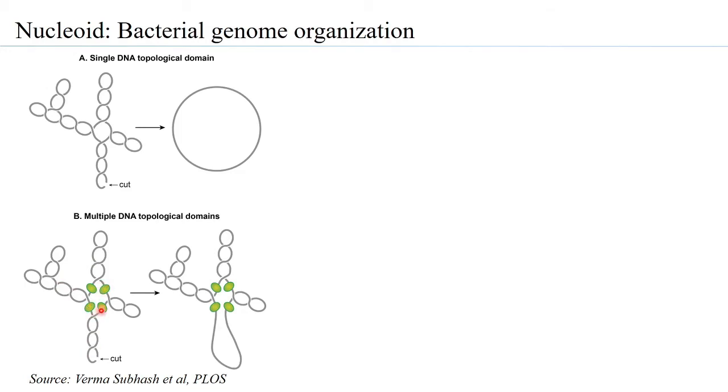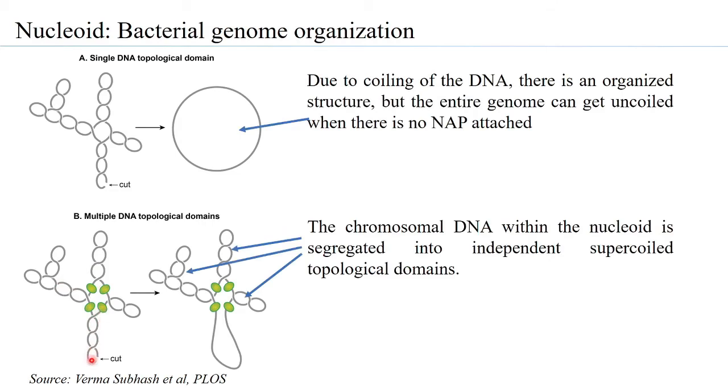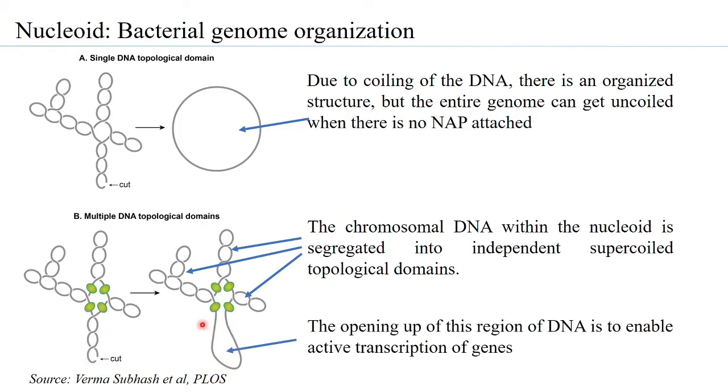So what is interesting is that when you have this domain being relaxed, you can see that there is unwinding happening over here. So the DNA is opening up, but when the DNA opens up over here, it does not go to the other domains, thanks to the NAPs that are demarcating one domain from the other.